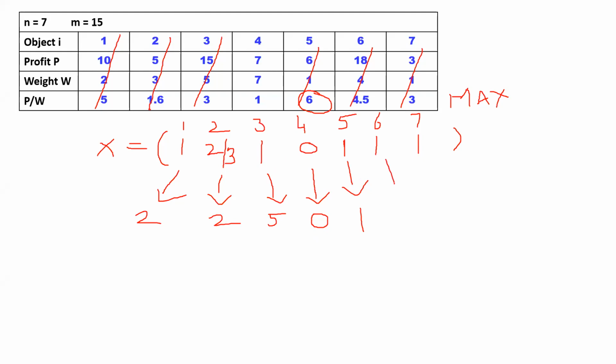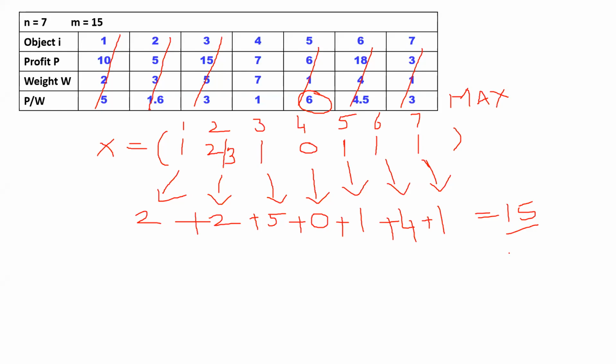Sixth item, all 4 kilos you have used. Seventh item, all 1 kilo you have used. Now add this, 2 plus 2 is 4, plus 5 is 9, plus 0, plus 1, 10, plus 4 plus 1, which is 15. So the constraint is satisfied.